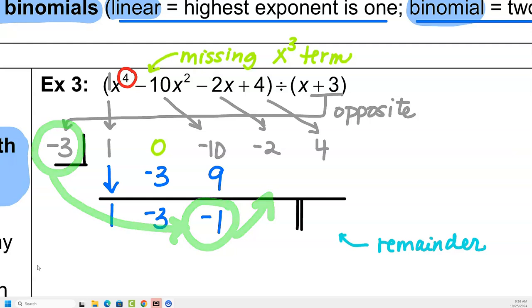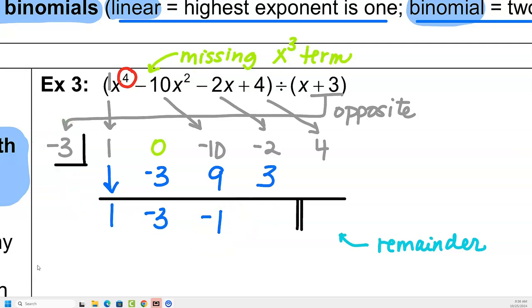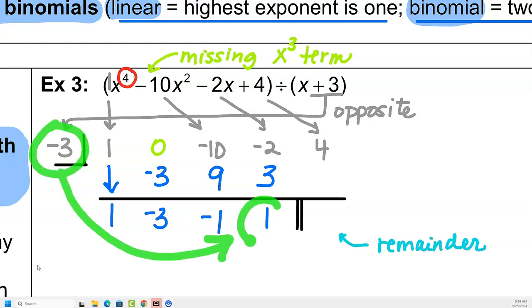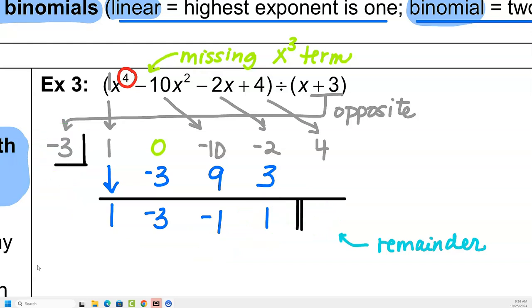That will give me positive 3. Anything above the line you add going down, 1. Okay, now I'm going to multiply the negative 3 times the 1. We're going to write my answer here. Negative 3 times 1 is negative 3. Add going down, you get 1. So I got 1 as a remainder.